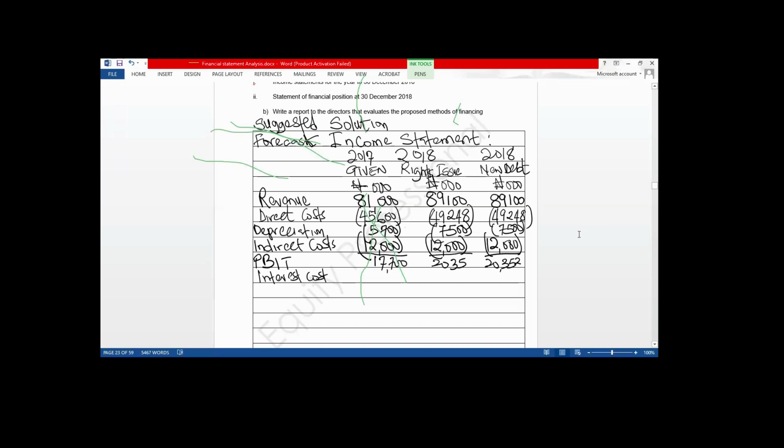What was the interest cost? $1,500. Now in 2018, I want to ask the class. If we finance the expansion by right issue, will your interest cost increase? No.